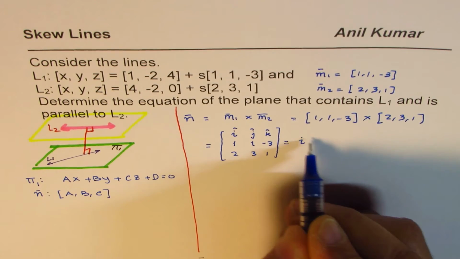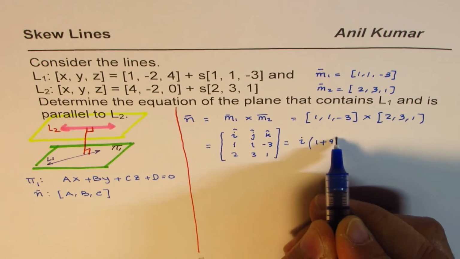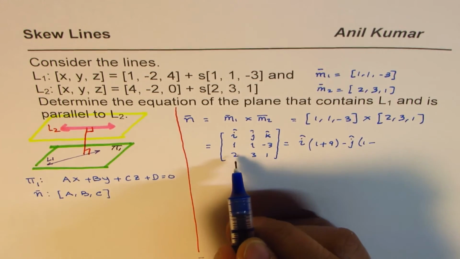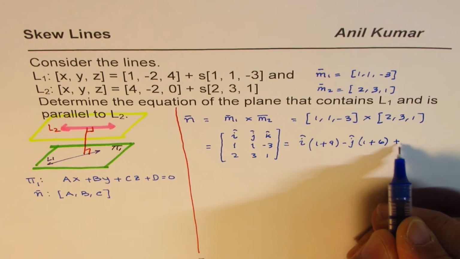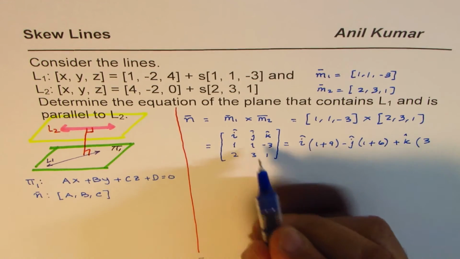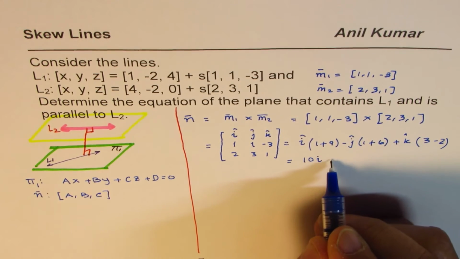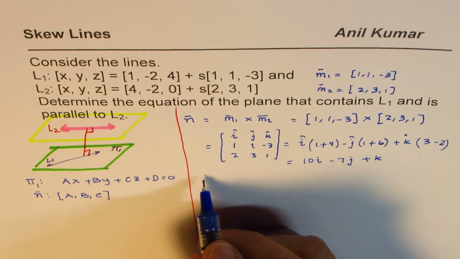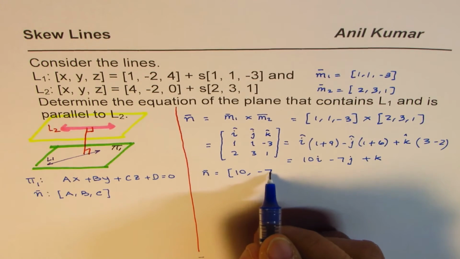And that gives us i times (1 minus -9), which is plus 9, minus j times (1 minus 2 times -3), so that makes it 6, plus k times (3 minus 2), right? So that gives us 10i minus 7j plus k. So from here we can write that the normal vector is (10, -7, 1).